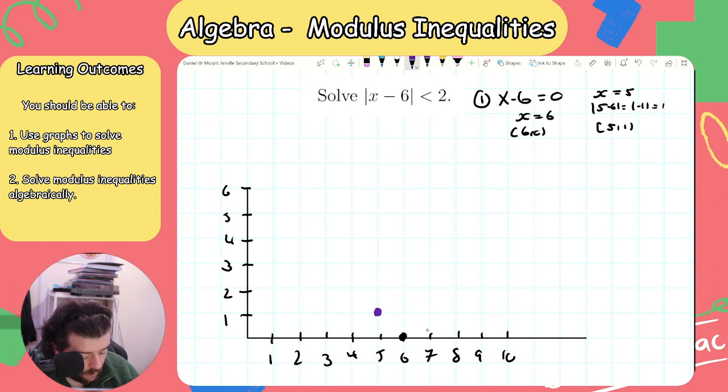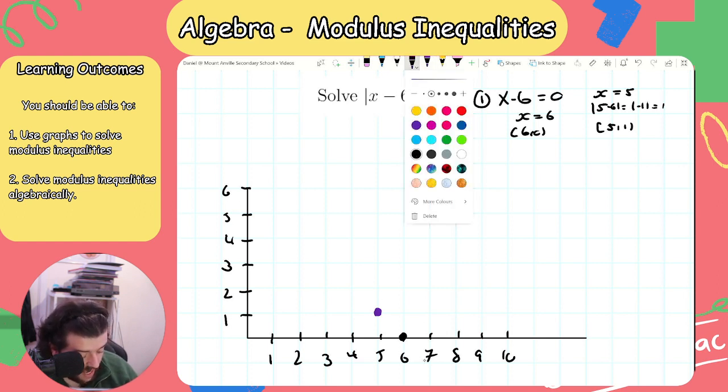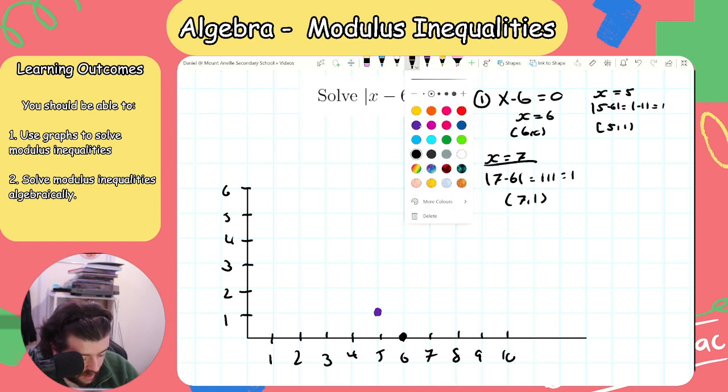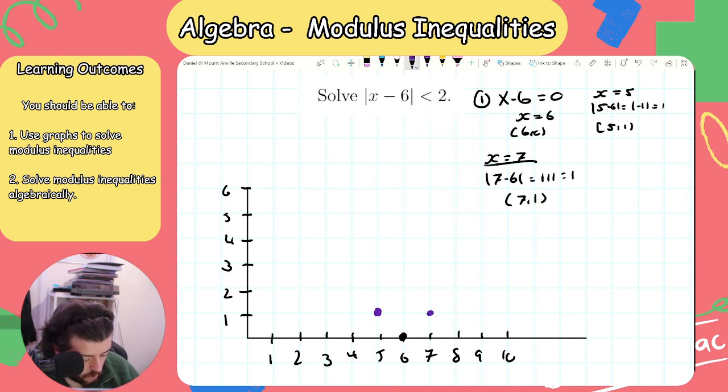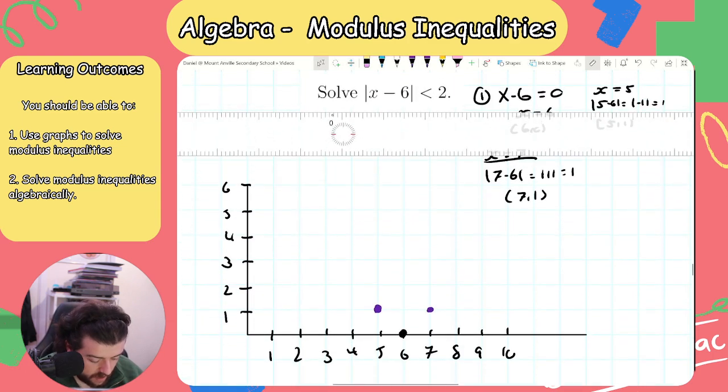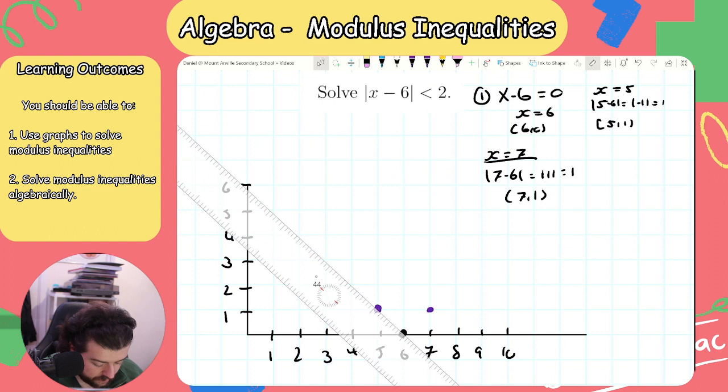Then I pick a point to the right, so I'm going to choose x is equal to 7. 7 minus 6 is equal to the modulus of 1, which is equal to 1. So my point is 7, 1. That's my next point here. Let me connect these up.